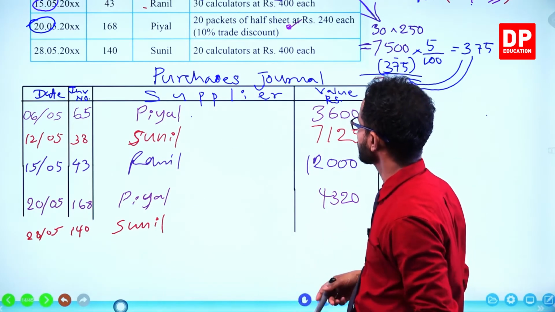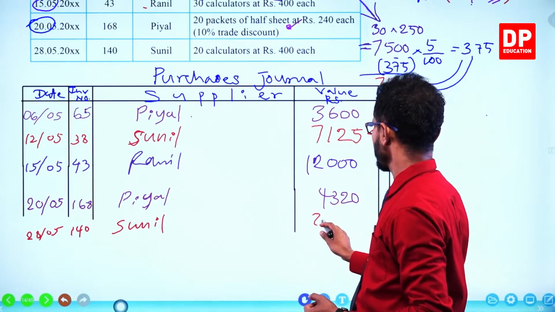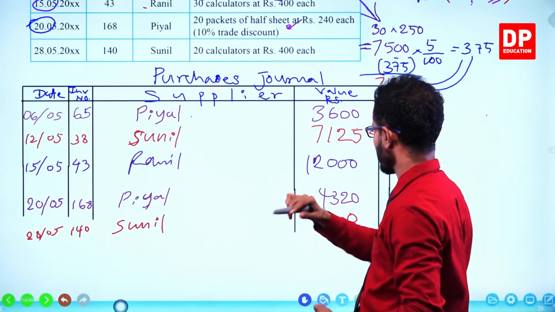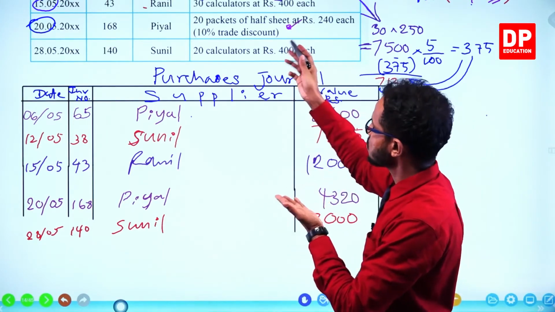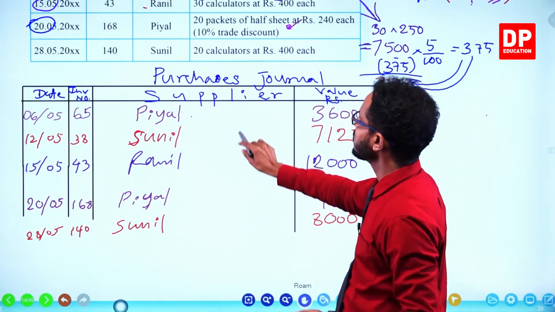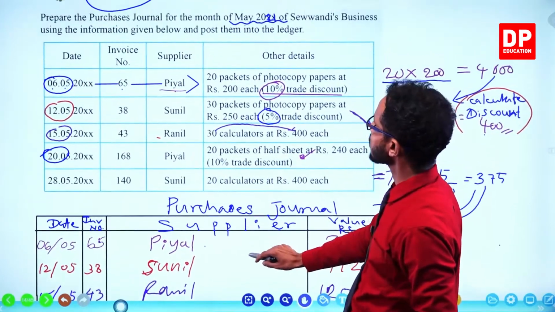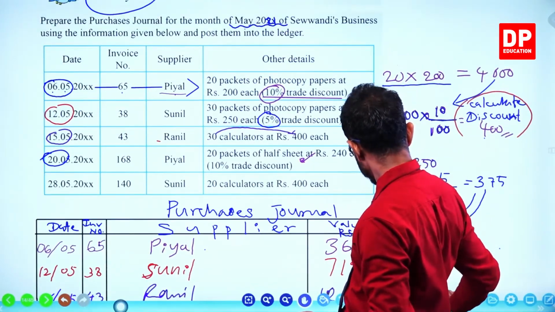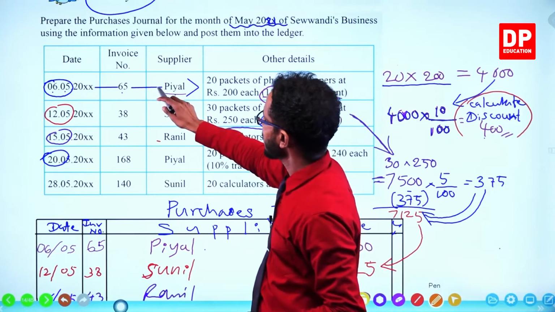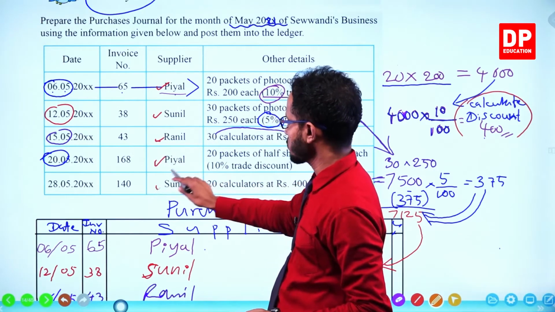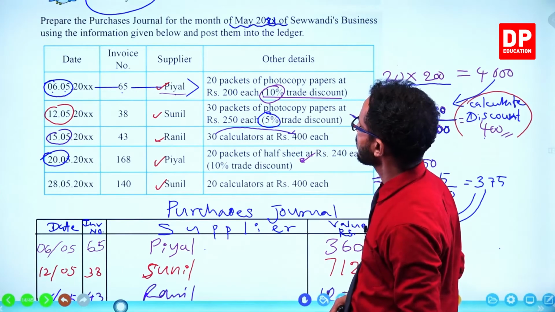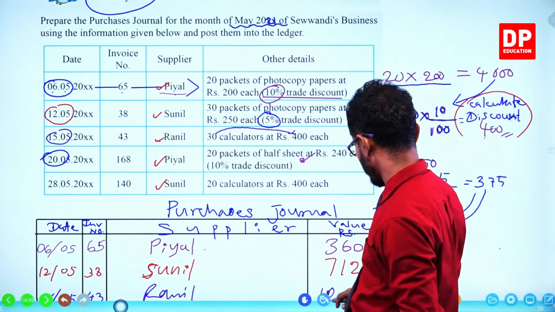That is 8,000. There you go, children. We just recorded all the purchase transactions from different suppliers: Piyal, Sunil, Ranil, Piyal again and Sunil again. Yeah, that's it.